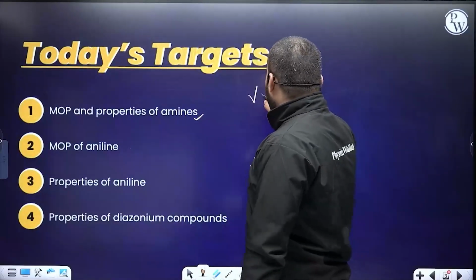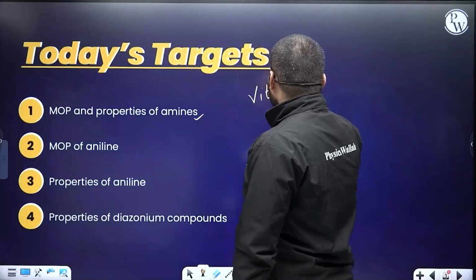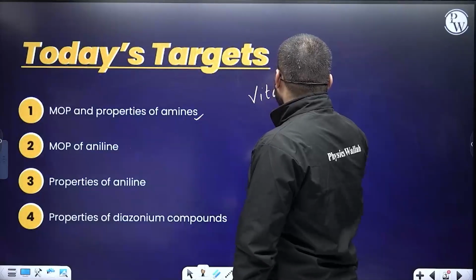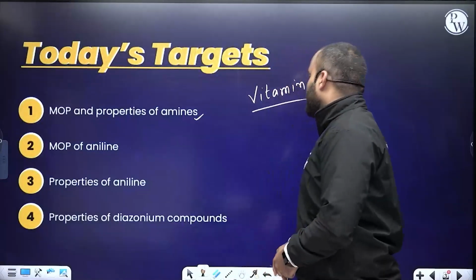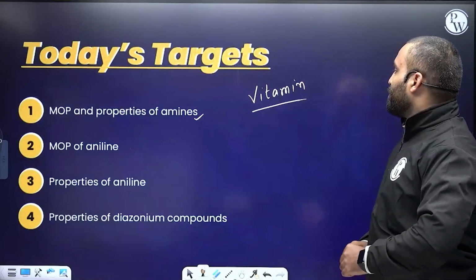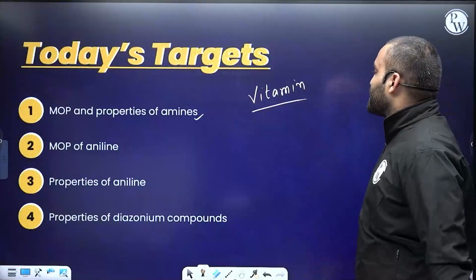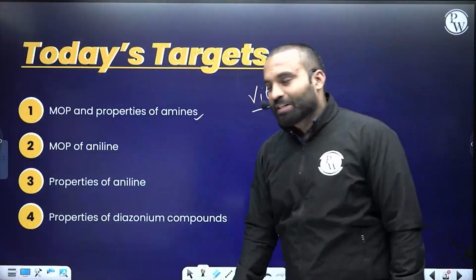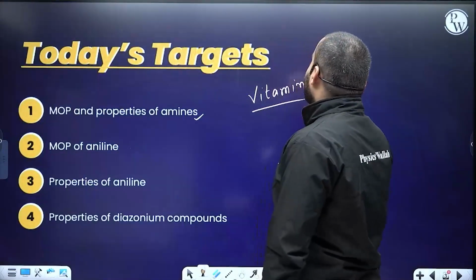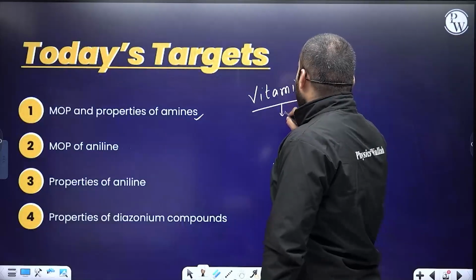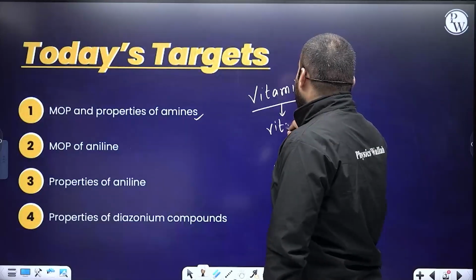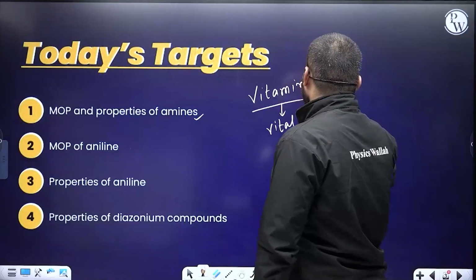I'm sure you know this substance. If I ask you to pronounce this, I'm sure many of you will be pronouncing it as "a vitamin", but that's the wrong pronunciation. It is vitamin. It's made up of two words. One is called vital and the other one is amines.